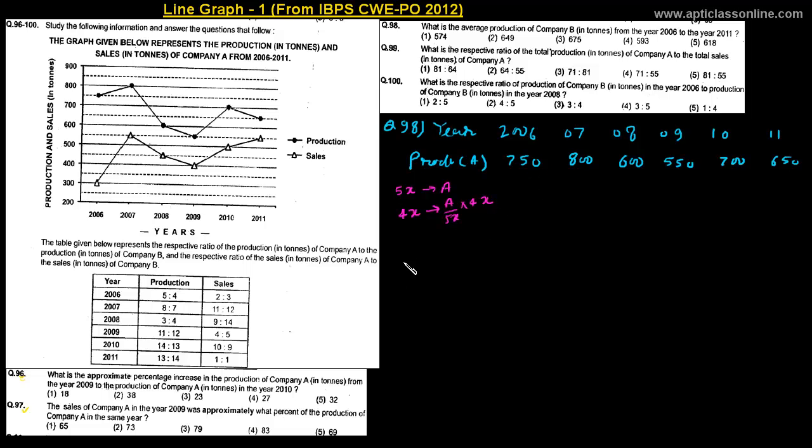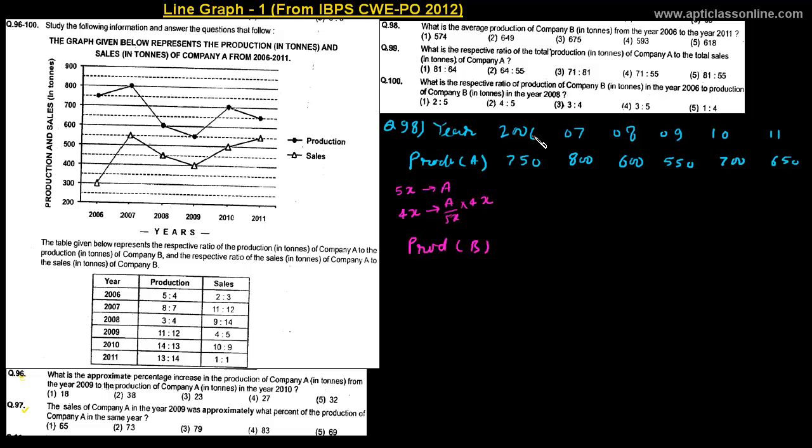So in order to get the production for company B, we actually have to multiply the value by the fraction given in this column.